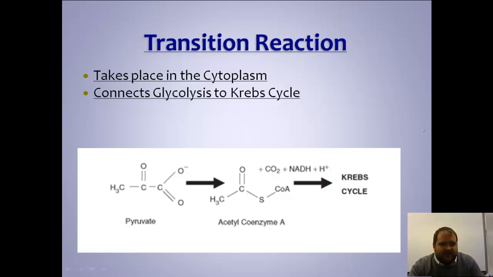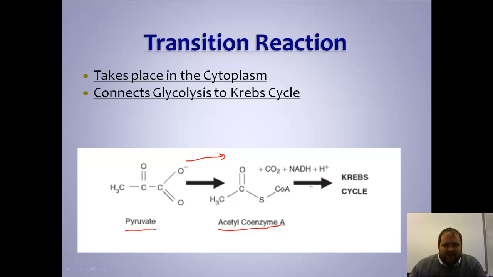So we ended up with that pyruvate molecule in glycolysis. Our ending molecule of glycolysis was pyruvate. That pyruvate in this transition reaction gets turned into this thing called acetyl coenzyme A, or acetyl CoA, you'll hear it called.